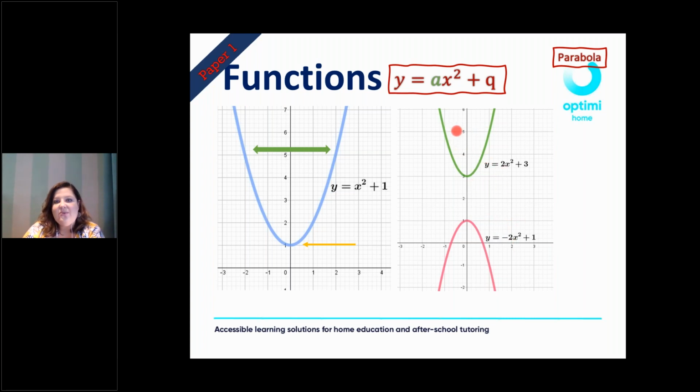It means that how wide they are is the same. Okay, so just to recap, the higher my A value, the narrower my graph will be. A positive A value will result in a smiley face, and a negative A value will result in a sad face over here.